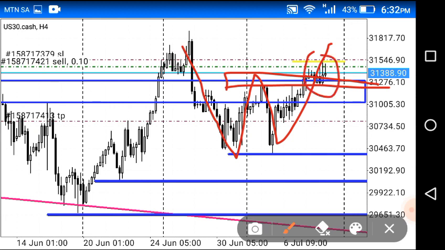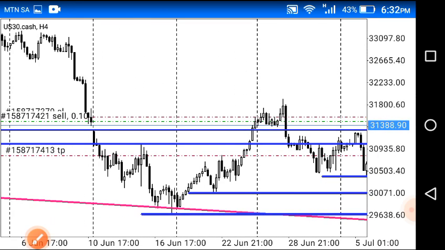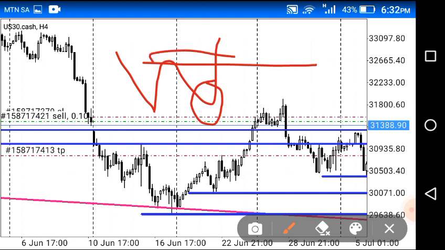And the neckline is in this region, and we can see that price closed just above the neckline, and that tells me that we have a whole lot of stop orders or rather stop losses in this region. Why do I say so? That is because when it comes to W formations, what normally happens is a lot of traders and investors buy on the second leg of the W, and then again on the break of the neckline, right? Putting their stop losses just below that W structure.